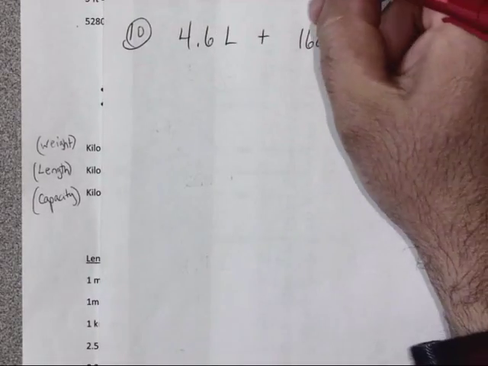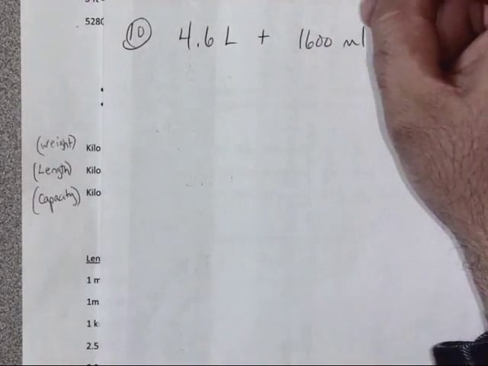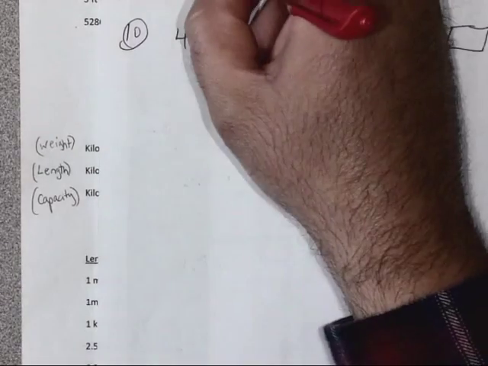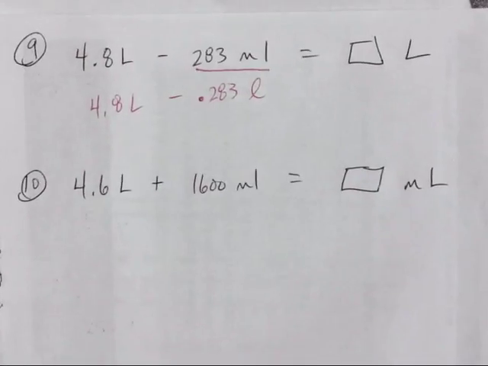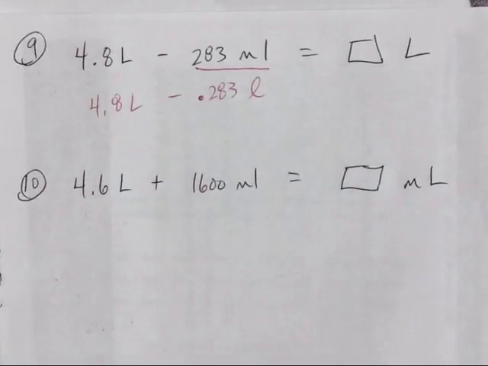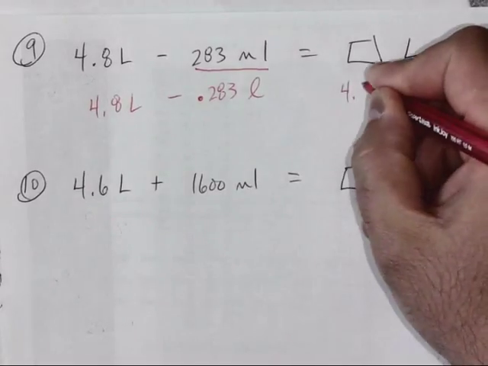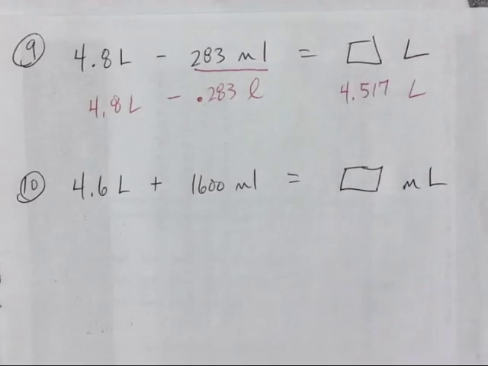So then there's going to be 0.283 liters there. Oops, you can't see that. Okay. So then subtract those two, and you get 4.517 liters.